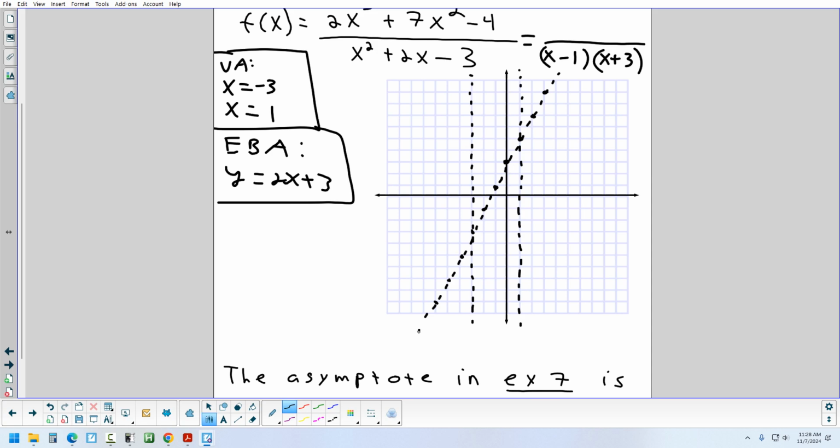Okay. So now we need some points. We want to plot some points near each asymptote, and then we want to plot some in the middle, a few to the right, and a few to the left. And we're going to see we end up with 3 sections of a graph here.